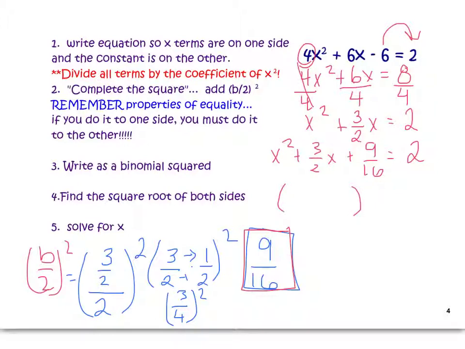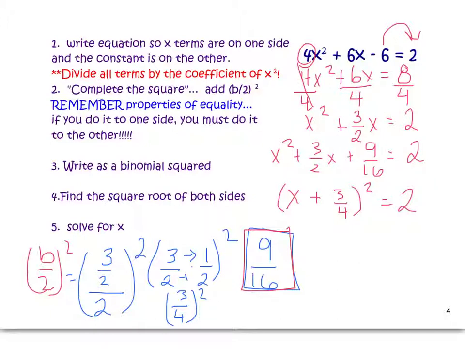Even though it's kind of hard to see at this point, we still do have our binomial squared. The root of x squared is x. The root of 9 over 16 is 3 over 4. I know it's going to be addition in the middle, because all we've got is addition. Squared equals 2.